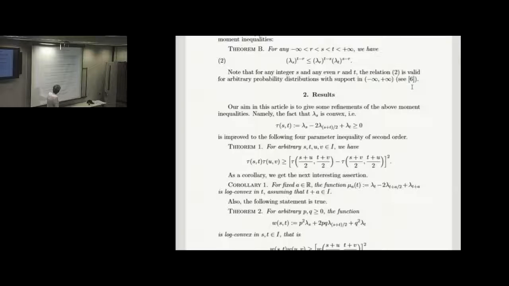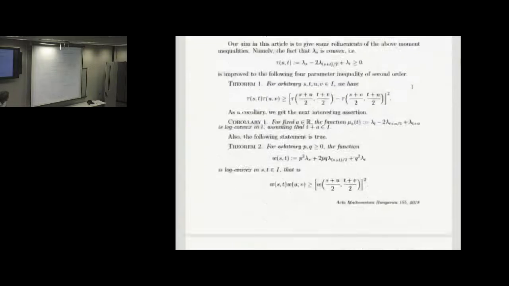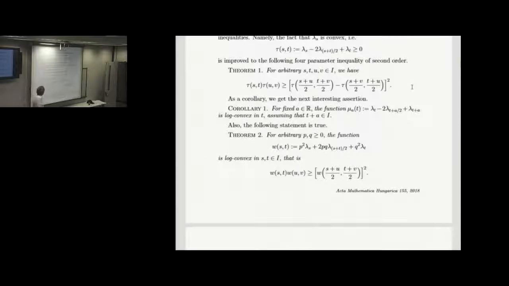Another result is that if P and Q are arbitrary positive numbers, then this function W is defined like this. We have this property. So it is log convex in those variables S, T, U, and V. This inequality takes place for each of them.